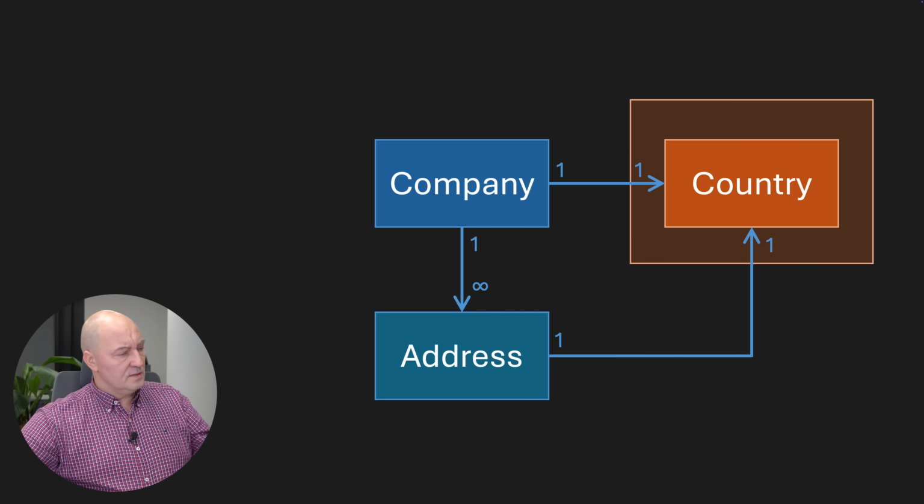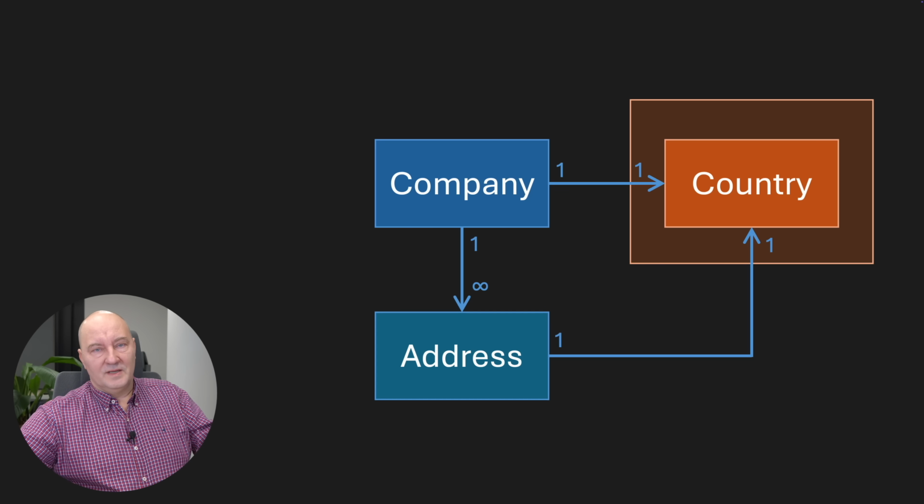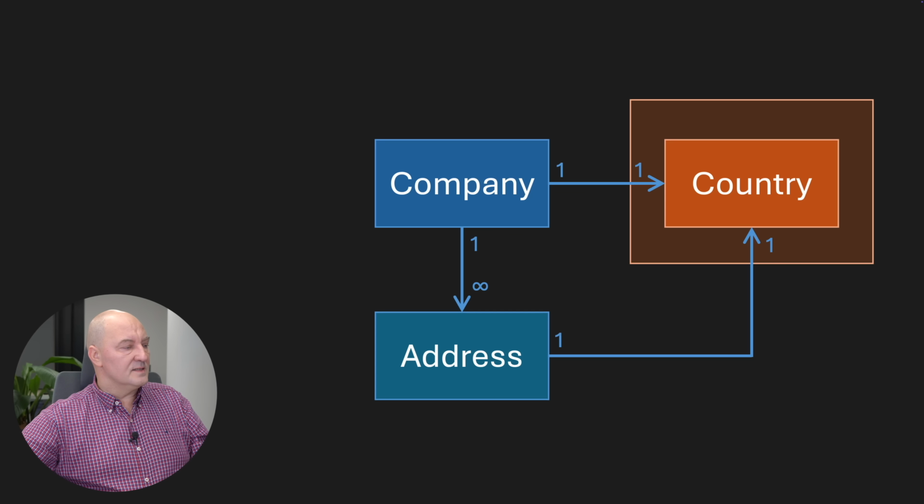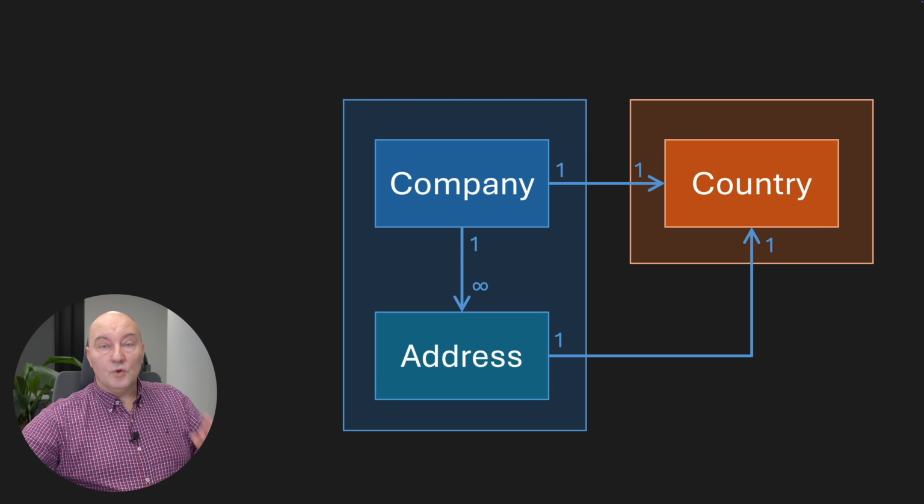The country is one obvious aggregate, though not the best example for it because it works alone. A much better example is the company with addresses. But observe this, the company aggregate does not include the country. It is a completely different thing. It references the country but does not control it.